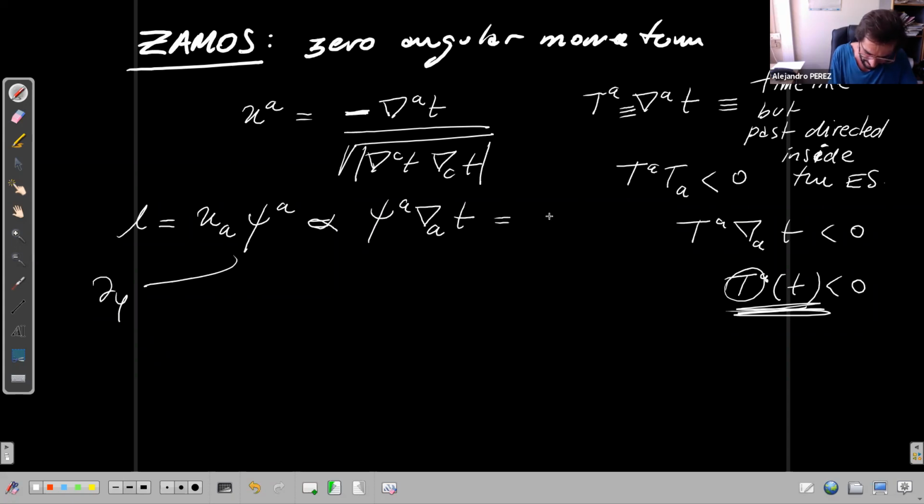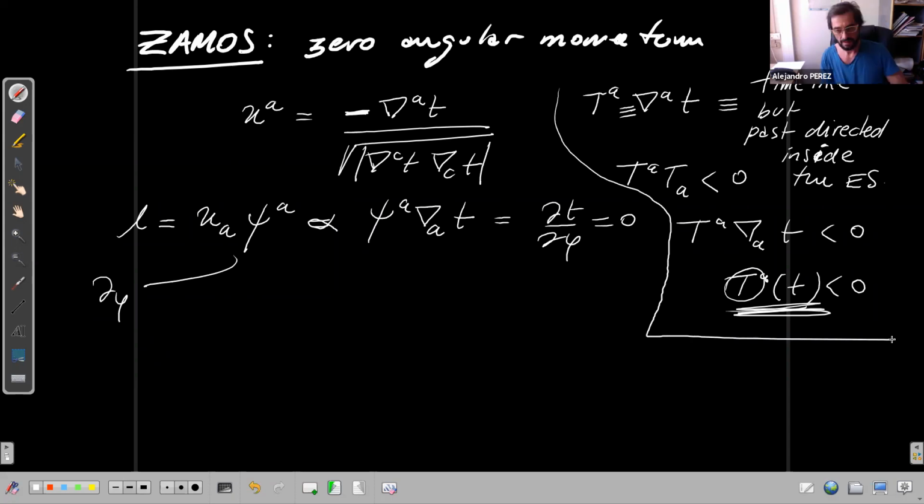And this is just dt by d phi, which is 0. That's why they have zero angular momentum, and in that sense, they are the least turning guys, and they are related to other observers that I will introduce in a moment.